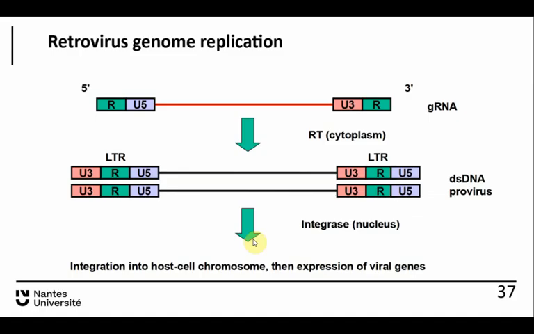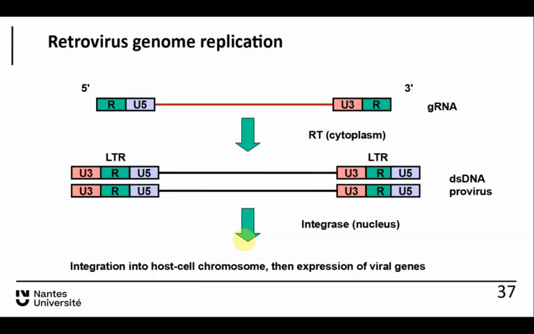Okay, so this is the trick, how to regenerate a complete genome at each cycle, because the promoter region is in this U3 segment here. This is where the host cell transcription factors bind. So the transcription factors bind here, and transcription occurs from the beginning of the R segment.